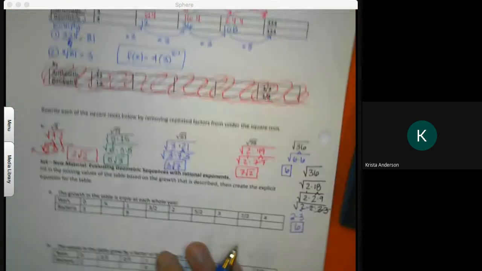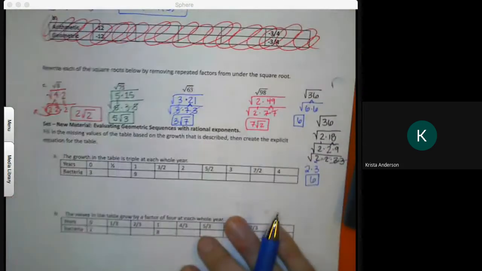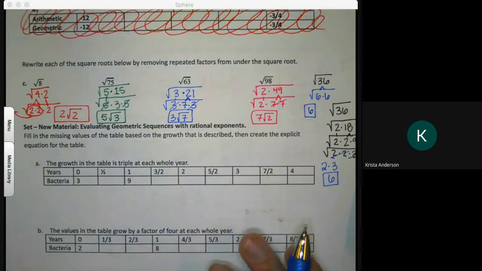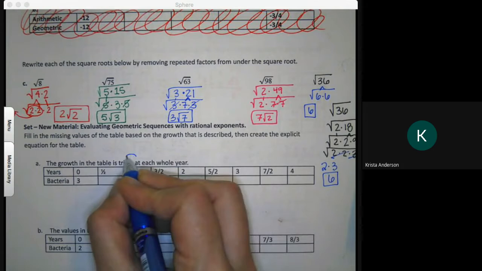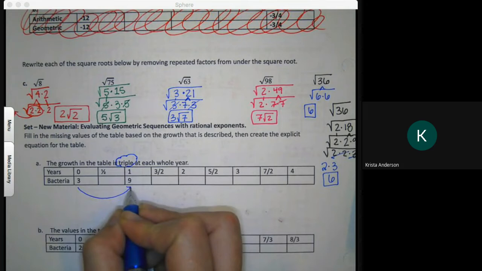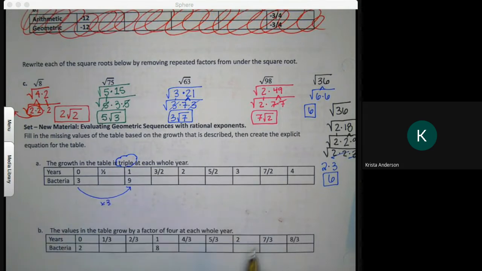All right. Okay. Perfect. Let's go to the new material. We have growth tables where it is tripling each year. So from 3 to 9, it is timesing by 3. I can continue my pattern, but I would have to go to here and here and here.